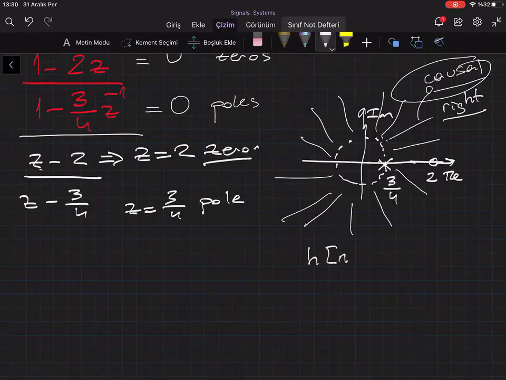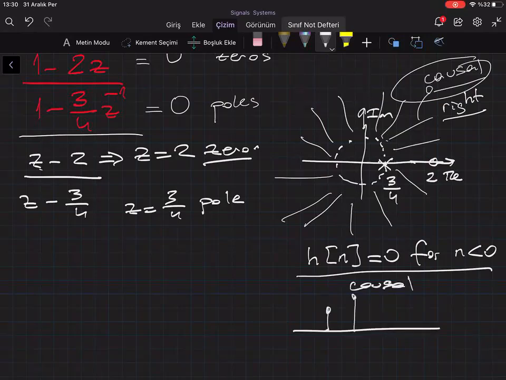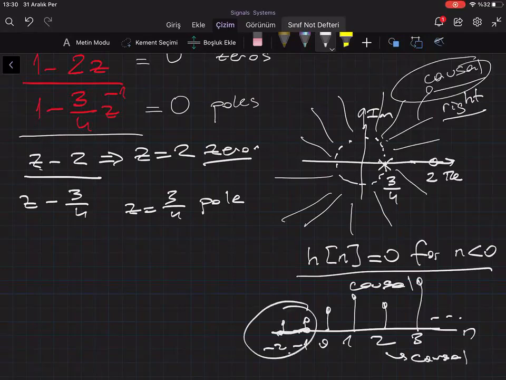h of n should be 0 for n less than 0. Right. This was the condition on h of n for causality. That means if I have this kind of an h of n and 0 before 0, then this is a causal system. But if I have anything here, then it is a non-causal system.